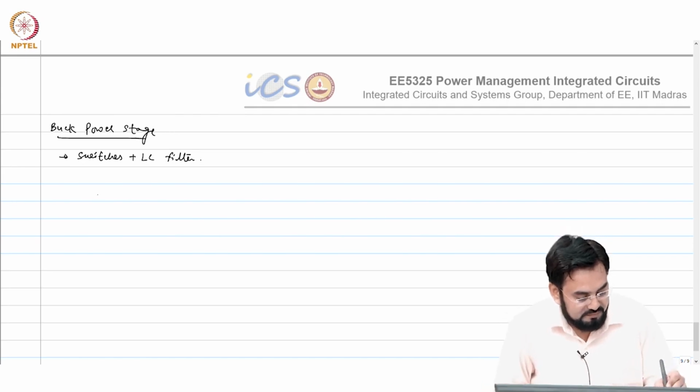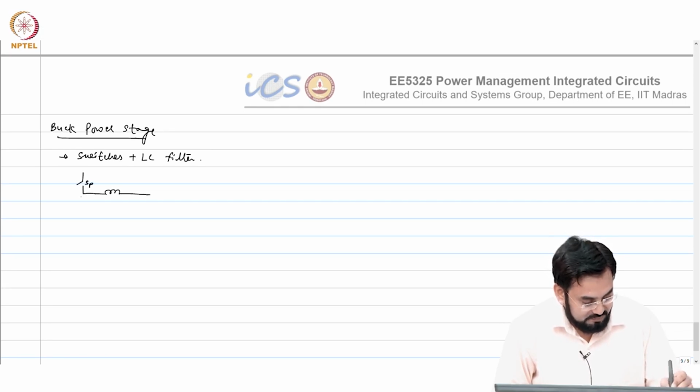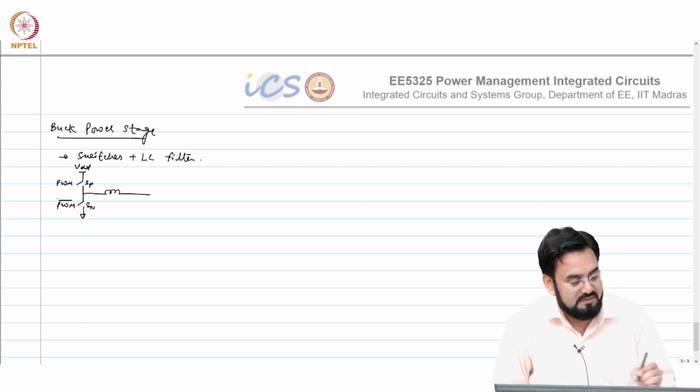We have the high side switch SP and the low side switch SN, driven by a PWM signal and PWM bar.